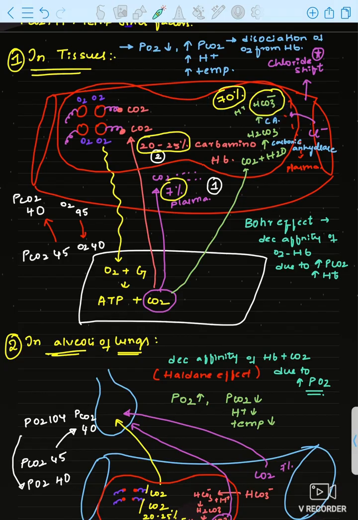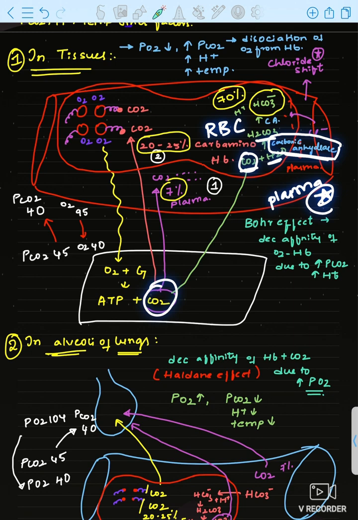This CO2 will go into RBC. CO2 will mix with water and form H2CO3 in the presence of the carbonic anhydrase enzyme. This carbonic anhydrase enzyme is present in the RBC and also some amount in plasma. Remember, this is an important point.